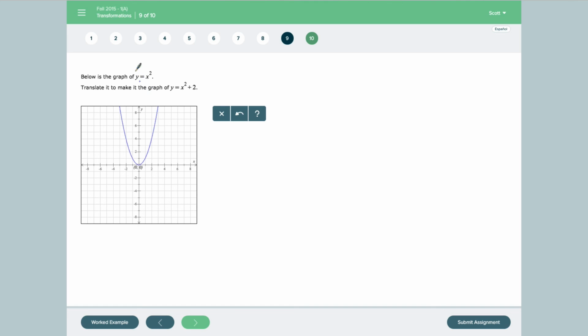Okay, whatever's here is in parentheses, so it goes in parentheses down here. And I covered over it. I think that's a plus. Yep, plus 2 on the edge there. So if that's plus 2, then that means it's going up 2. If it's outside the parentheses, it's up or down. So we're just going to go up 2.